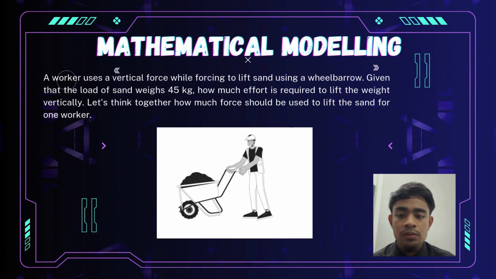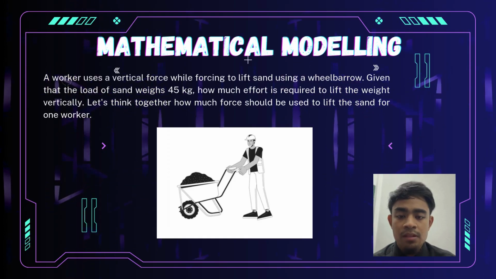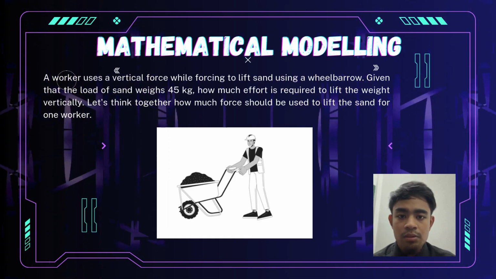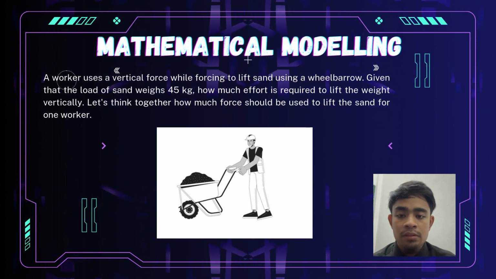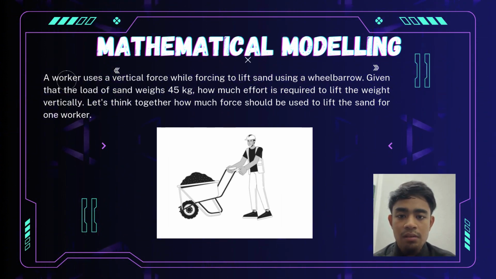The method that we use in this problem is equilibrium of a rigid body. So we can calculate the total force needed for the worker to lift the wheelbarrow by adding together all the forces acting in both directions and the moment on it.